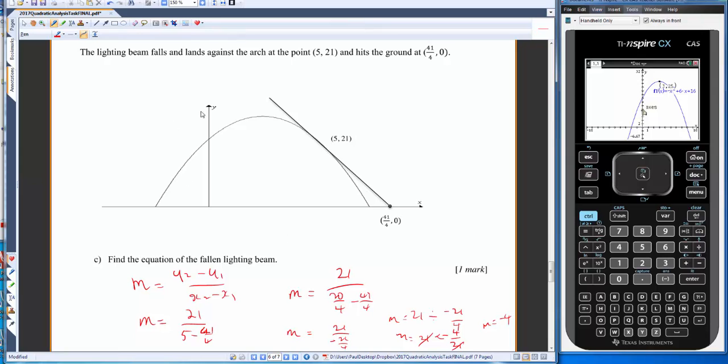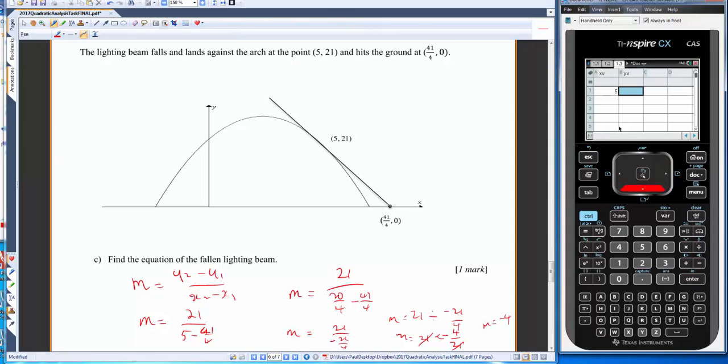Some nasty fractions there. Now, another way you can get the equation, this is something we haven't shown you, but it's pretty cool, so I'll give you a look. We're going to hit Control Doc, and for the first time this year in methods, we're going to go into, not data and statistics, we're going to go into list and spreadsheet. What you do in list and spreadsheet is you give your columns a heading, X variable and Y variable.